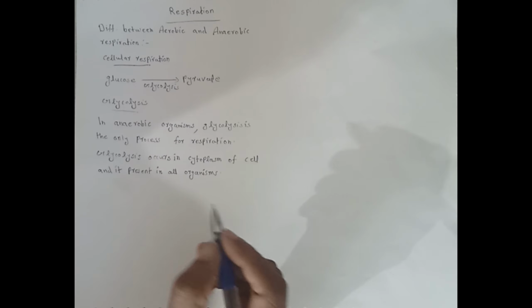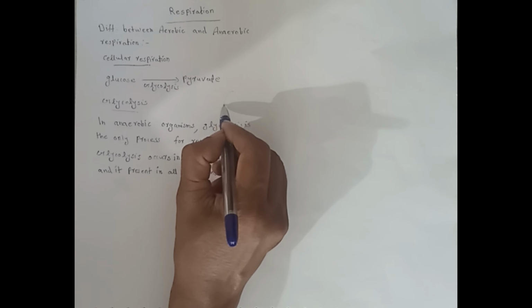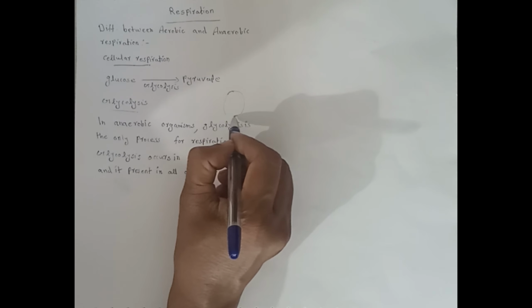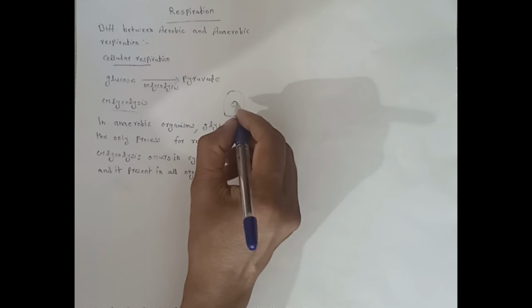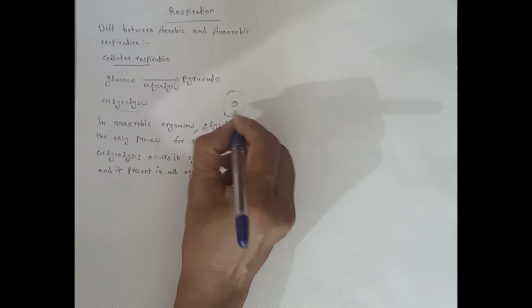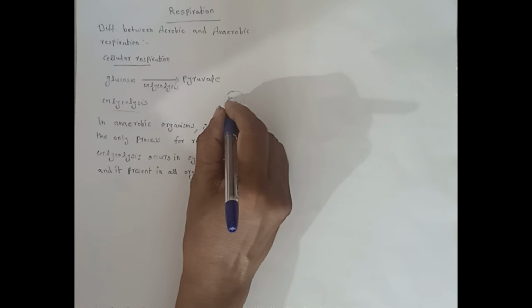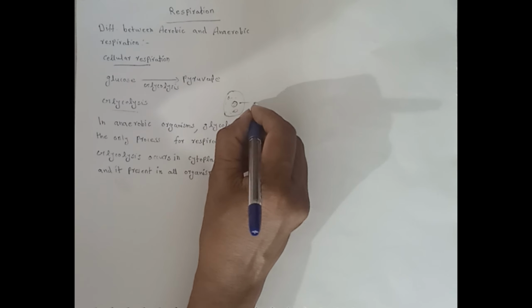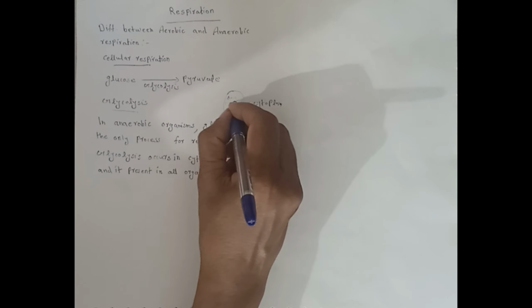What is cytoplasm? If we draw a picture of an animal cell, here we can see the nucleus. This is the cytoplasm with different types of cell organelles.